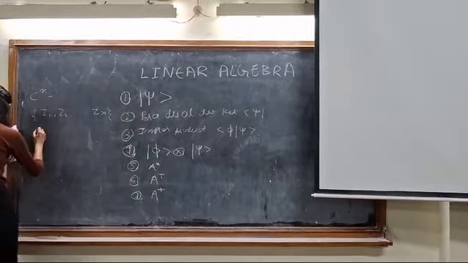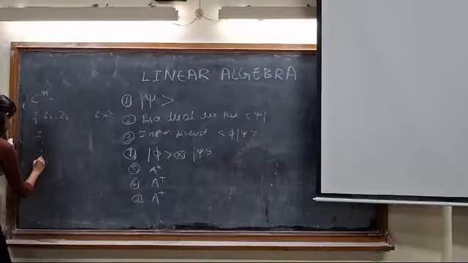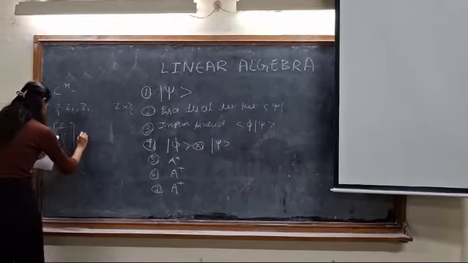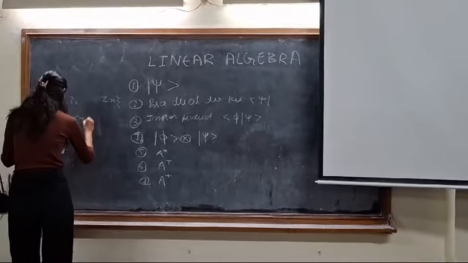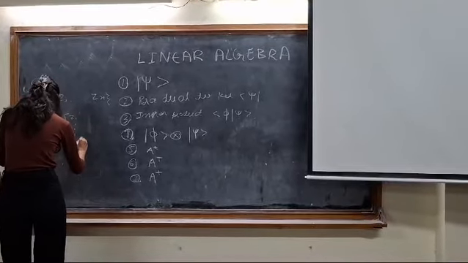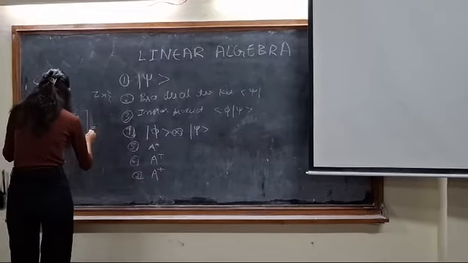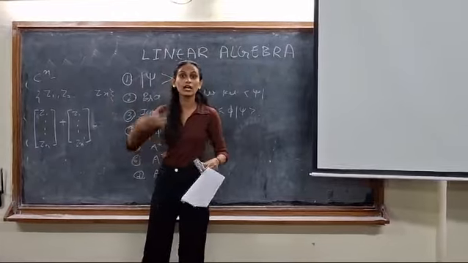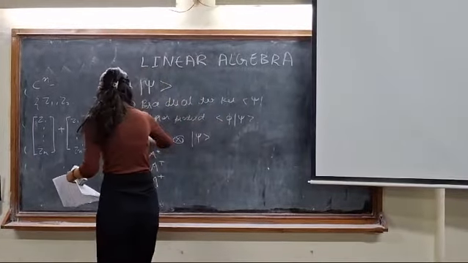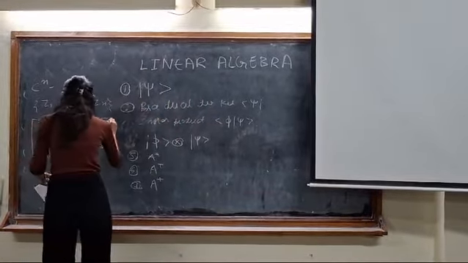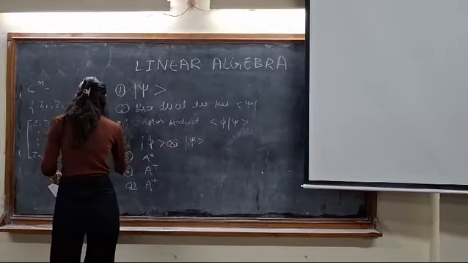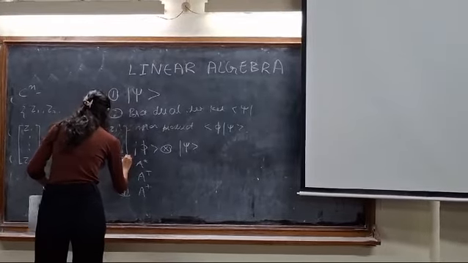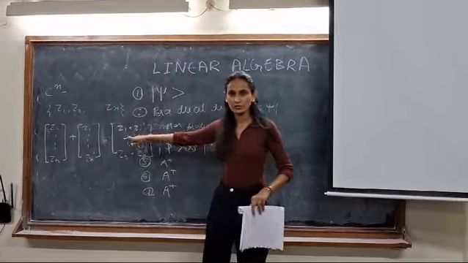Here we have z1 to zn. This says that we take two vectors and it is giving us another vector which is z1 plus z1 dash till zn plus zn dash. This is the matrix notation of a vector space.